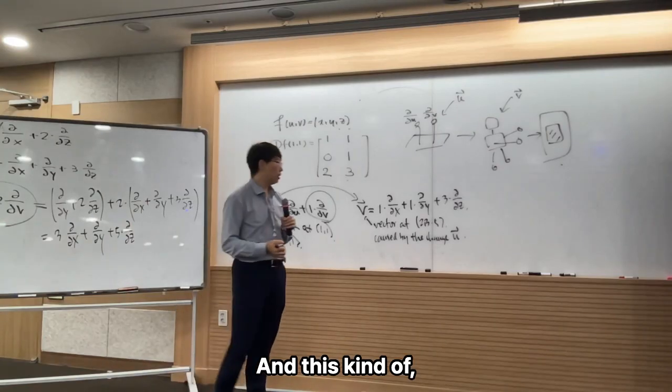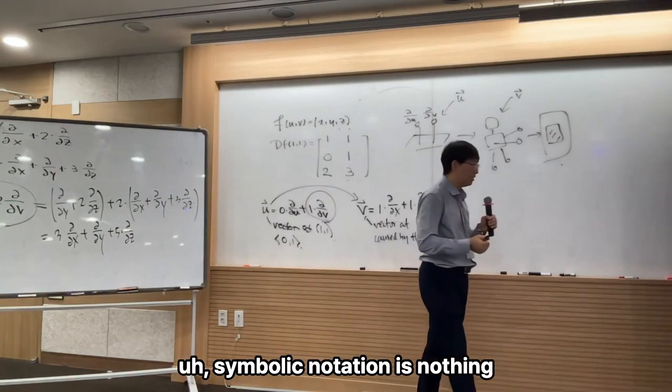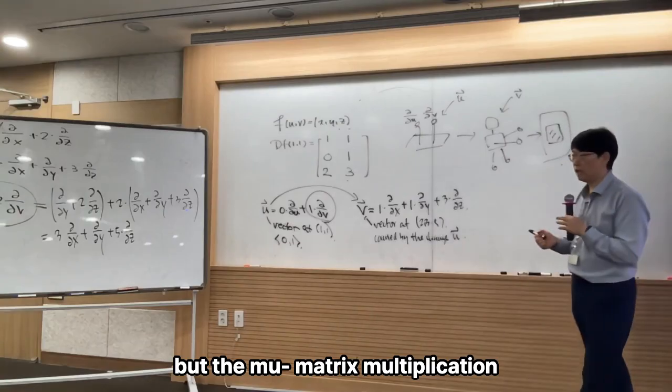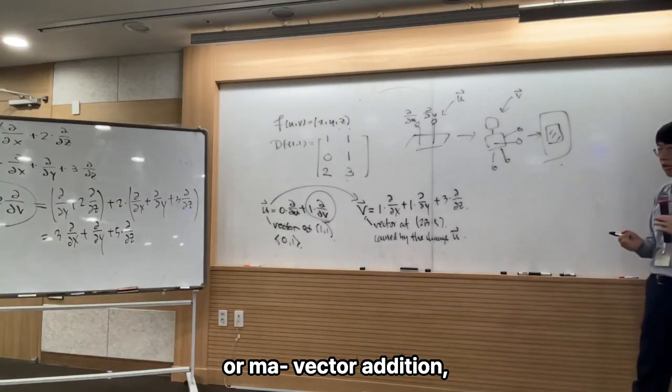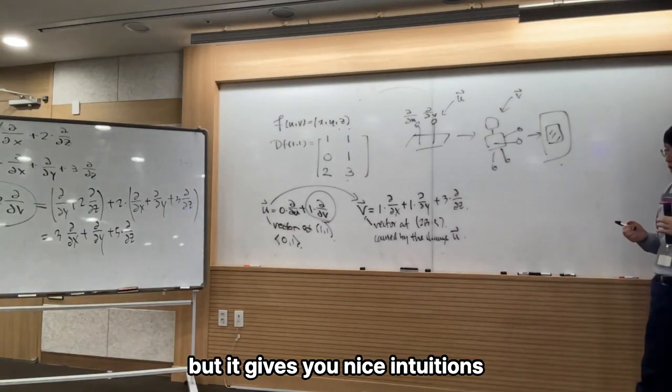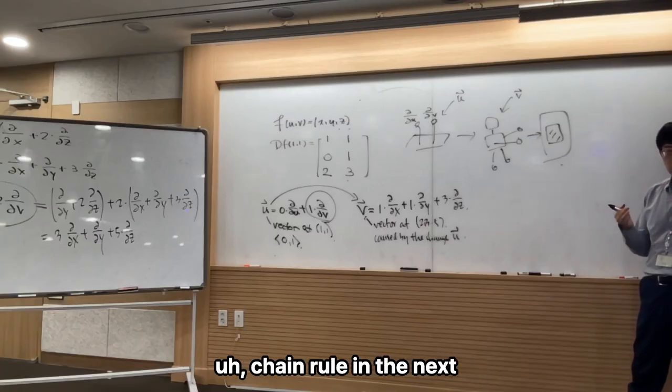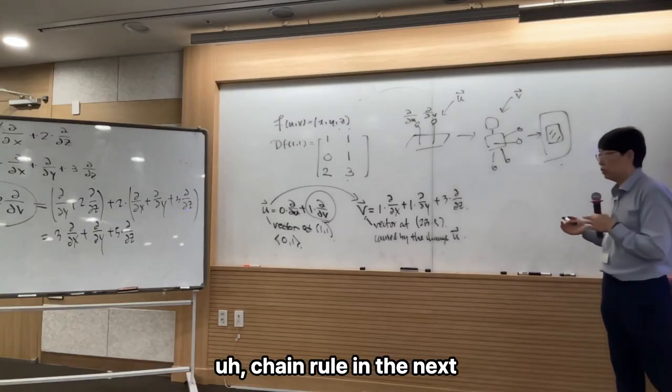This symbolic notation is nothing but matrix multiplication or vector addition, but it gives you nice intuition when you try to understand the chain rule in the next chapter.